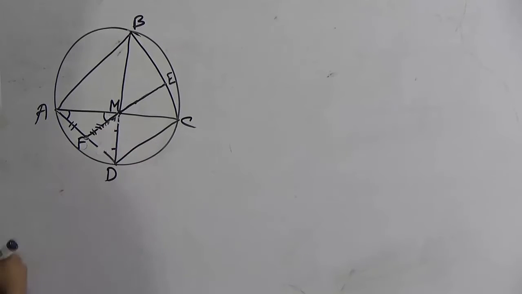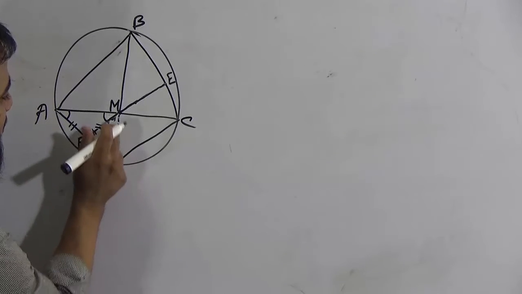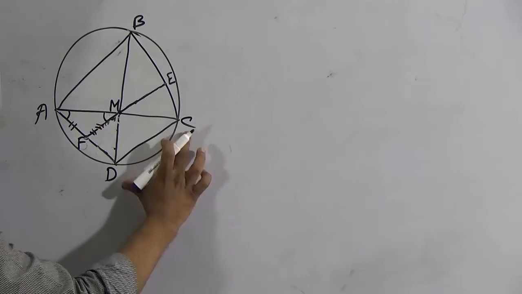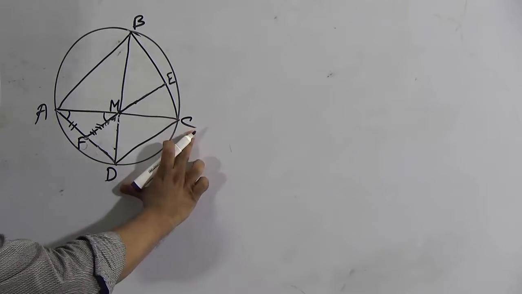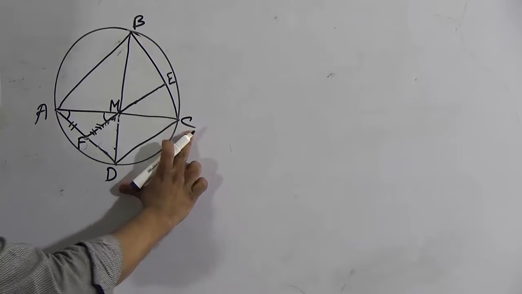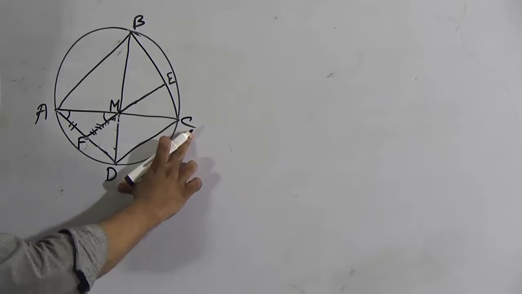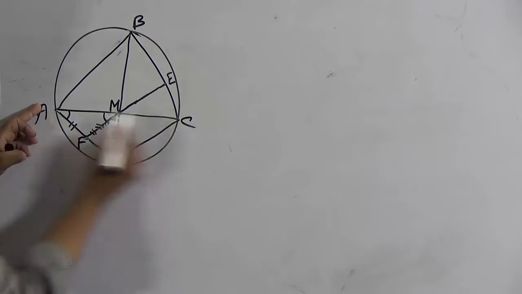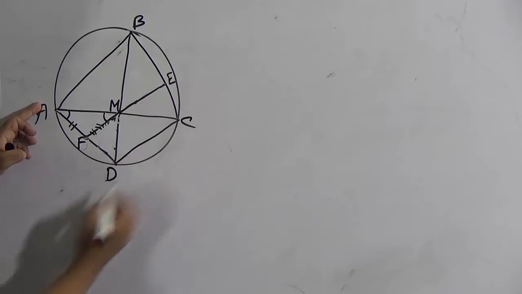Now the proof starts here. Suppose DC is a chord here, and the standing circular angles are DAC and DBC.